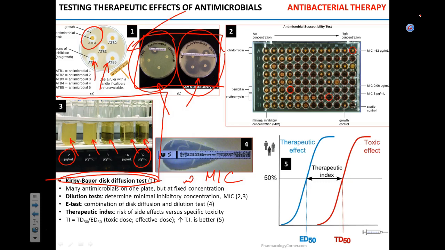And then you inoculate these solutions with the bacteria of interest, and you look at the growth. You can see that 8 micrograms per mL and above inhibit bacterial growth. Does that make sense? Which tells you that your minimal inhibitory concentration lies somewhere between 8 and 4 micrograms per milliliter.